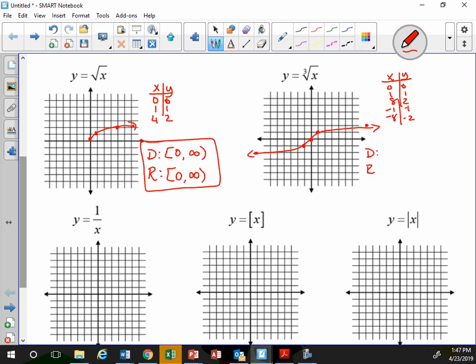What do you think for domain and range? What about range? Same. Good.